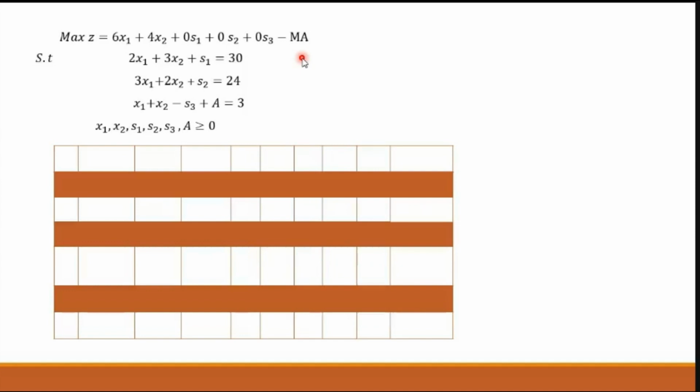So remember only one thing: minus M is the cost given to the artificial variable, where M is very large. A very large value, say take 100, take 1000, M is a very big value. This extra concept is there in the big M method. The rest of the procedure is the same as we did in simplex, but this is the extra part in the big M method.